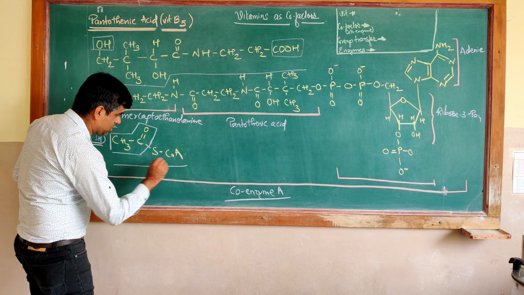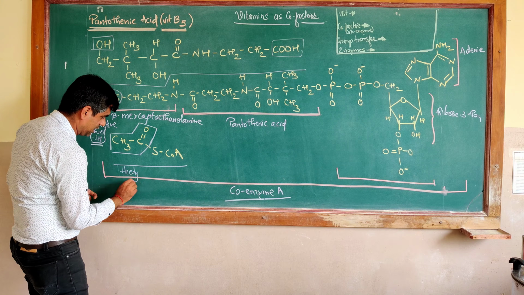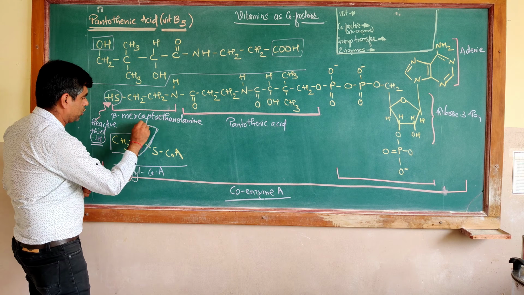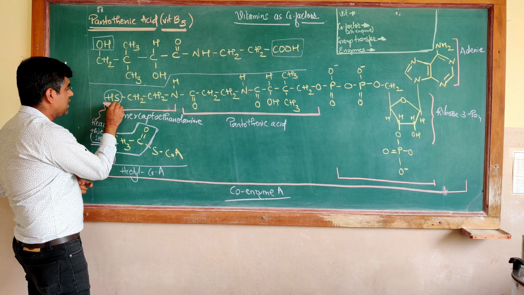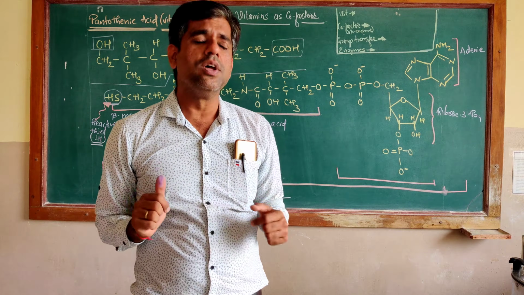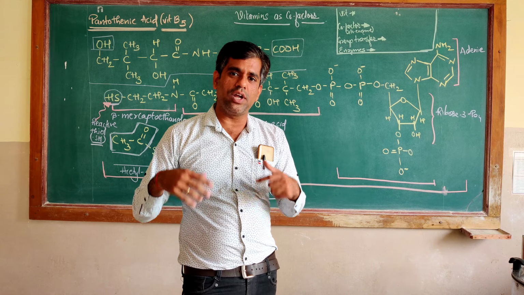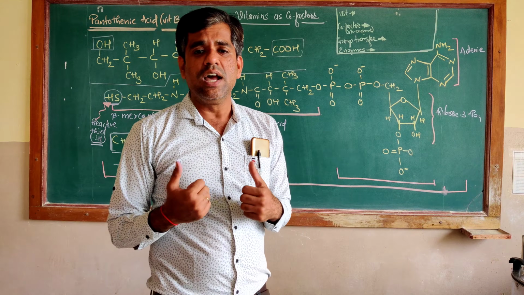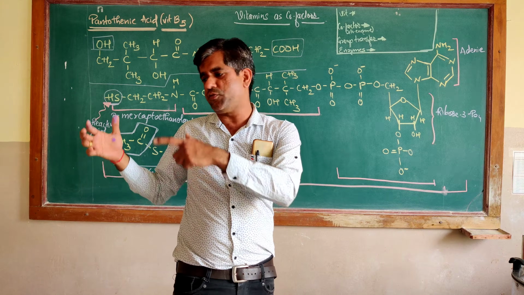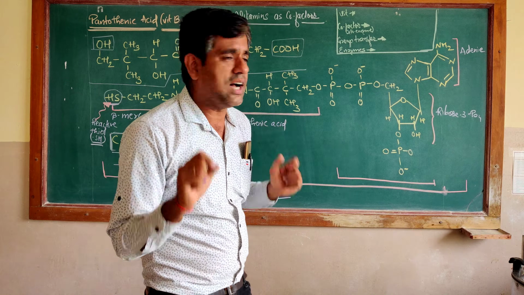Here you can see the structure of a typical acetyl CoA, a coenzyme A carrying this acetyl group. This acetyl group is bound here transiently. So you have a CoASH which has that SH group. You transfer the acetyl group here and then this acetyl CoA can transfer this acetyl group to the acceptor. So this acyl group is carried from the donor to the acceptor. So, the transient carrier of the acyl group.